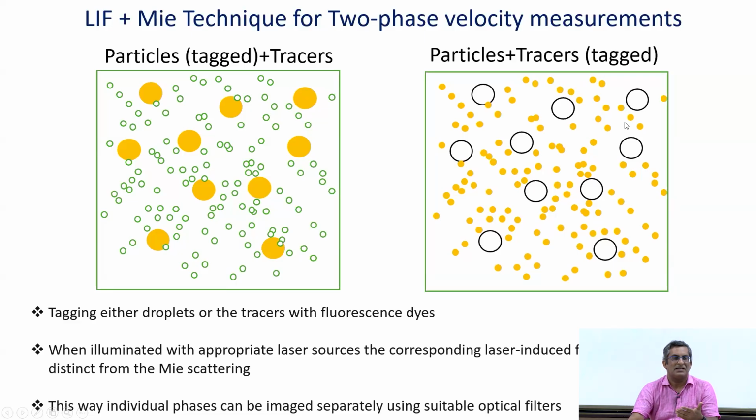In that case, using the same approach, we can capture the tracer particles, and the dispersed particles are automatically filtered out in your image. That is the basic principle of the LIF-ME PIV technique. I hope this is clear.